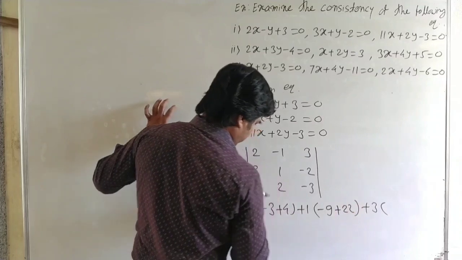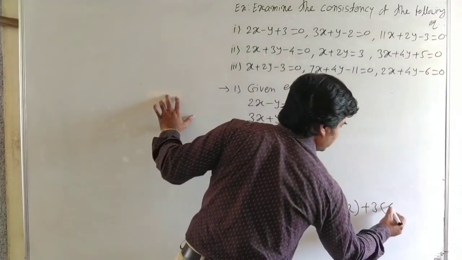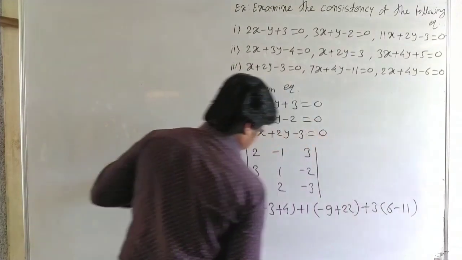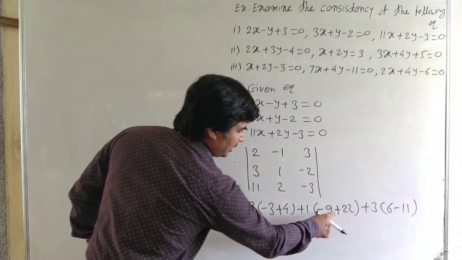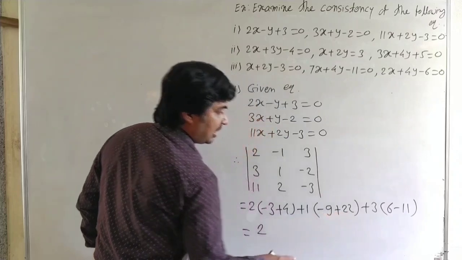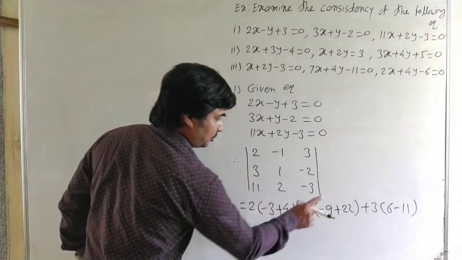Okay, then 6 minus 11, and then 1 into 2, then 22 minus 9, it is 13.